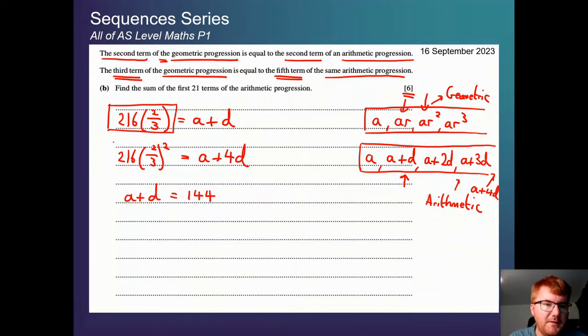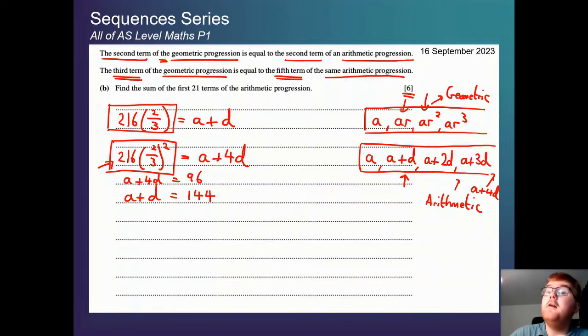If we work out what this is in my next box, we get 96. So then we can say that a plus 4d is equal to 96. I just worked out what this was that I put the arrow to. Notice we've got very conveniently simultaneous equations. Again, an important skill on the iGCSE and also A-level course.